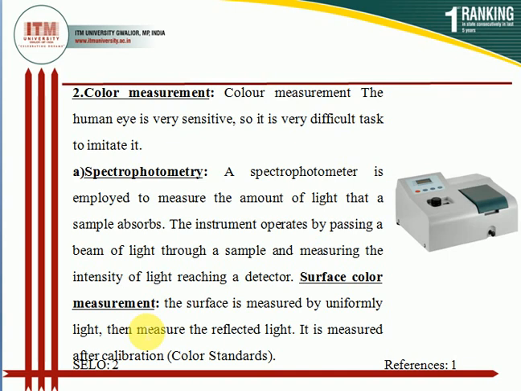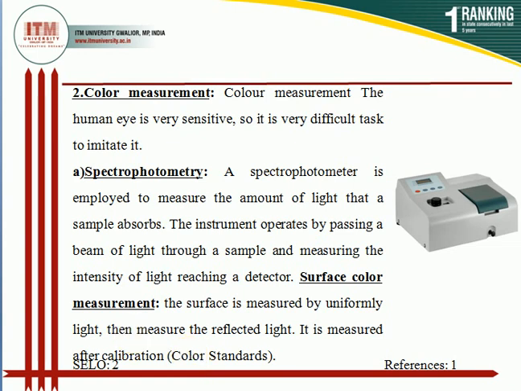We have to put the product in the beam and pass the light, and when the absorbance value is detected, it is expressed on the screen, and we can analyze the reading against the calibration standard value.